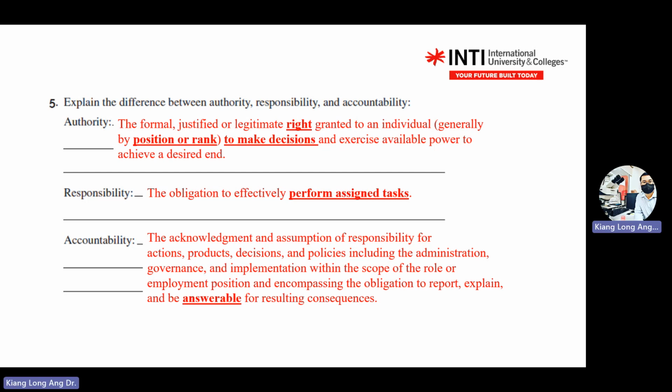A bit lengthy, but you can use your own words to elaborate, as long as you get the ideas. I don't expect you to write all of this in the exam. As long as you mention the keywords that I highlight here, then you are fine.